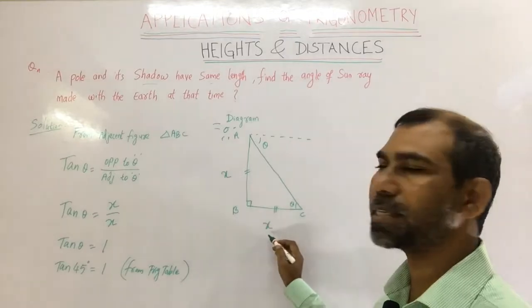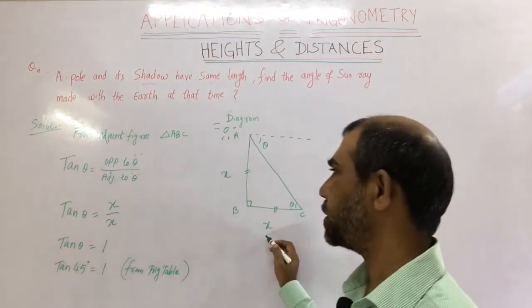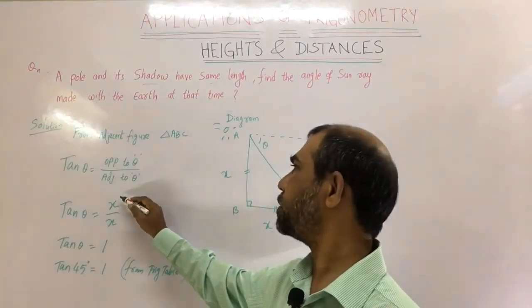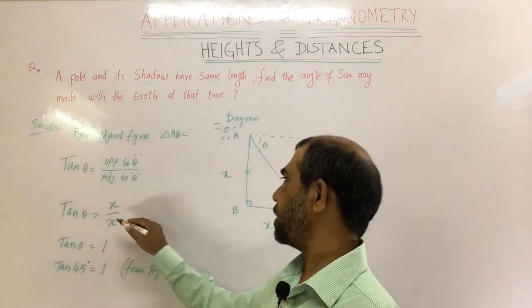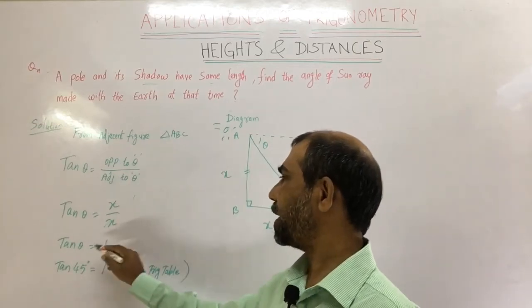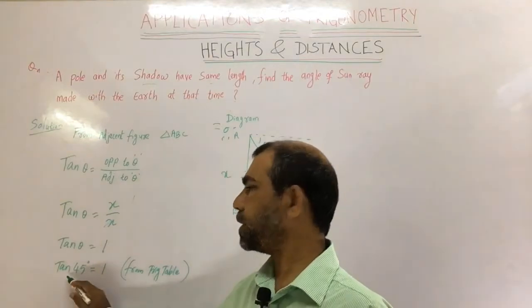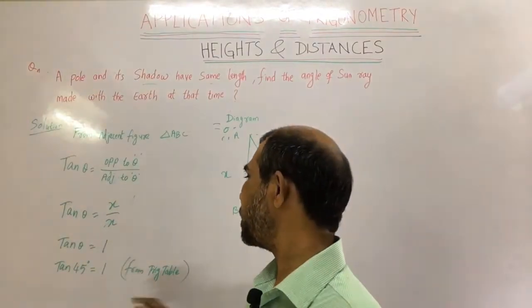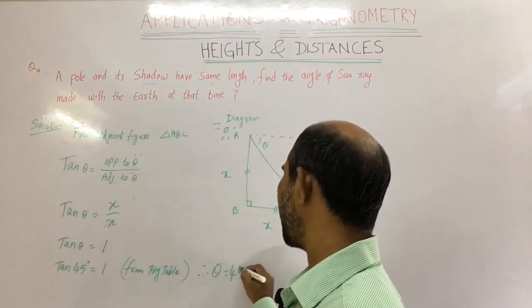The trigonometric function for opposite and adjacent is tan theta, which is opposite to theta over adjacent to theta. So x over x gets cancelled, tan theta is equal to 1, and from the table we know that tan 45 degrees is 1. When you compare these two values, you get theta is equal to 45 degrees.